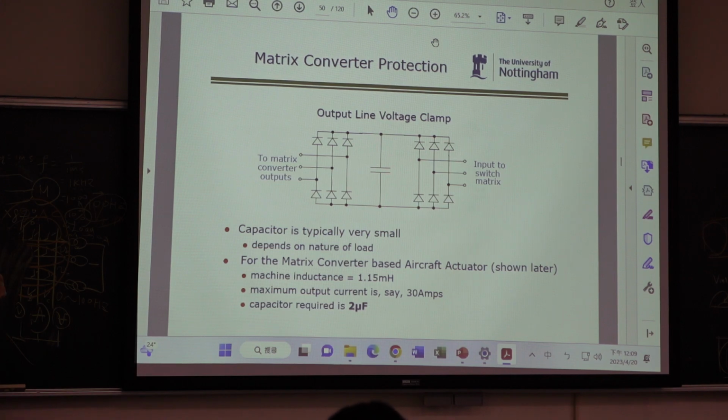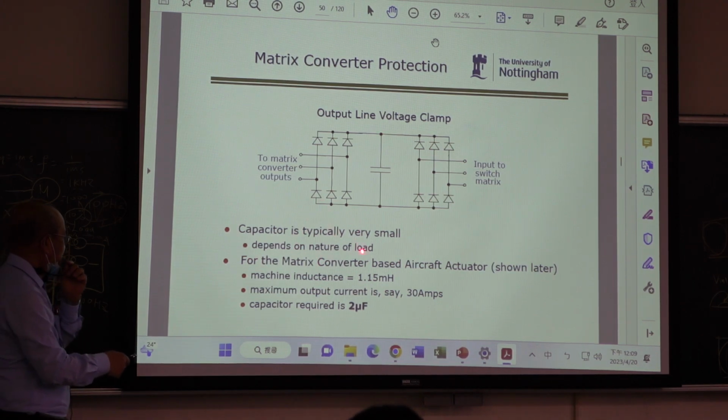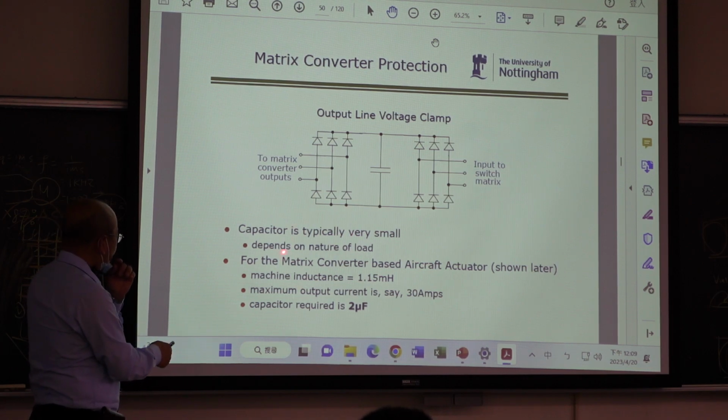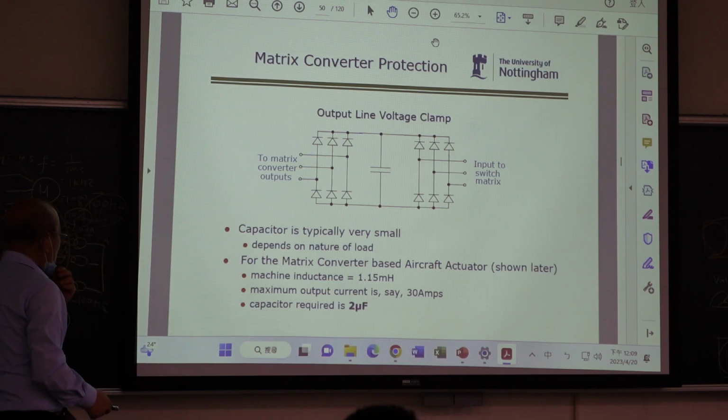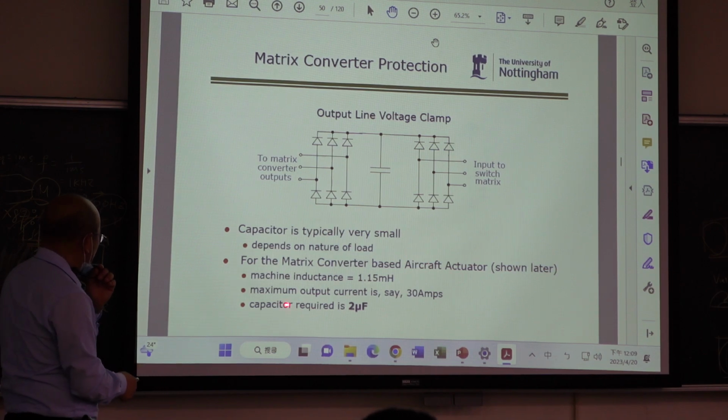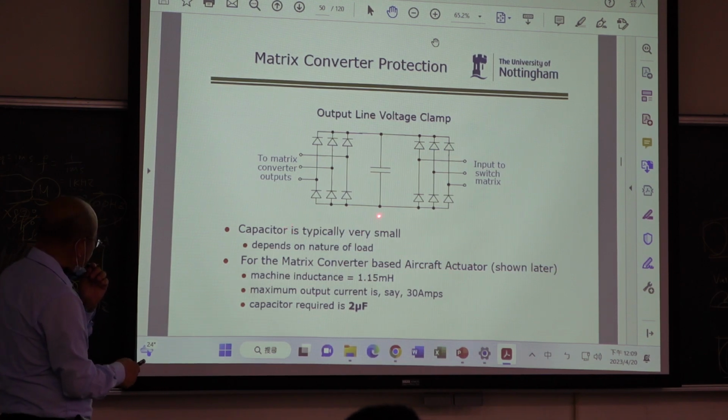So this capacitor can absorb energy, like our DC link capacitor, right? If you have a spike, then it goes here. So the capacitor is typically very small. I mean, this cannot be too huge. It depends on the nature of the load. For the matrix converter based aircraft actuator used in the airplane, the machine inductance is 1.1 millihenry.